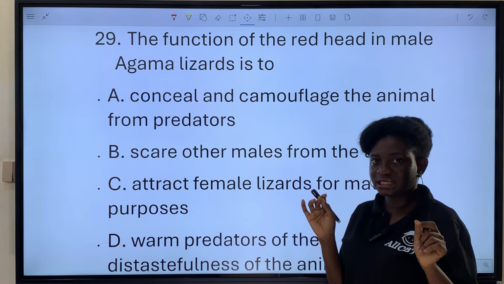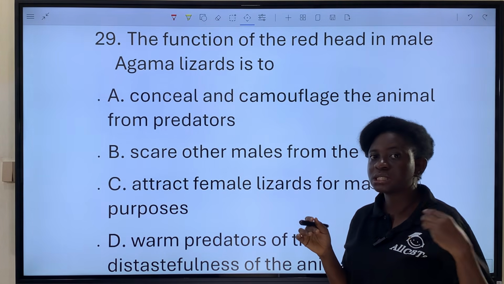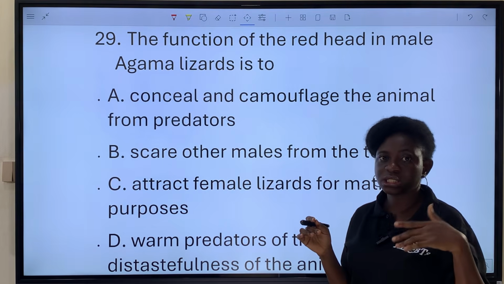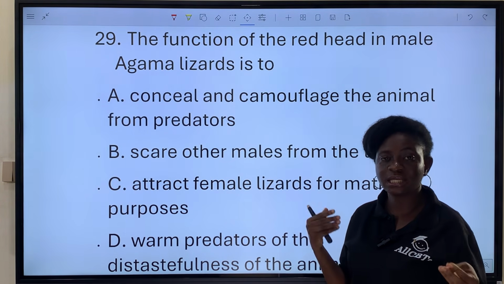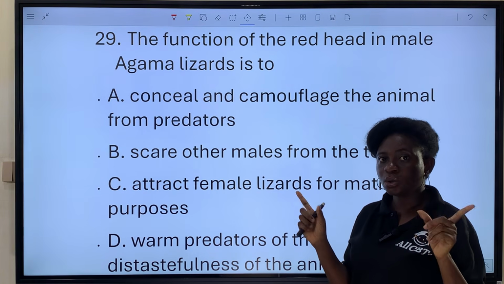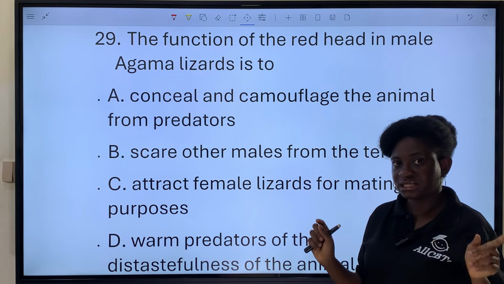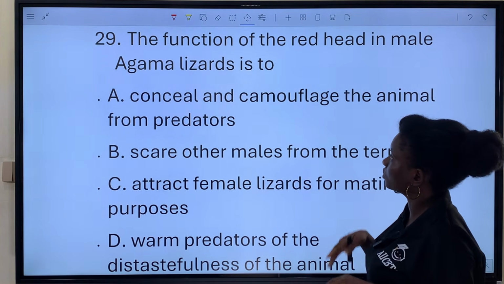That red head is like passing a signal to the opposite sex for sexual intimacy. So that is the function of that red part of the head.